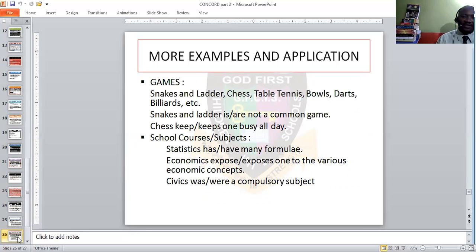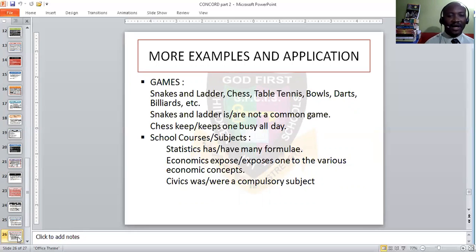We have school courses or subjects. Statistics has or have many formula? Remember, formula here is used as an alternative to the plural. Statistics has many formula.